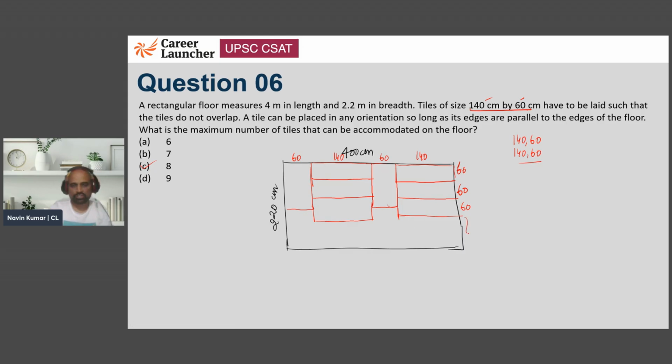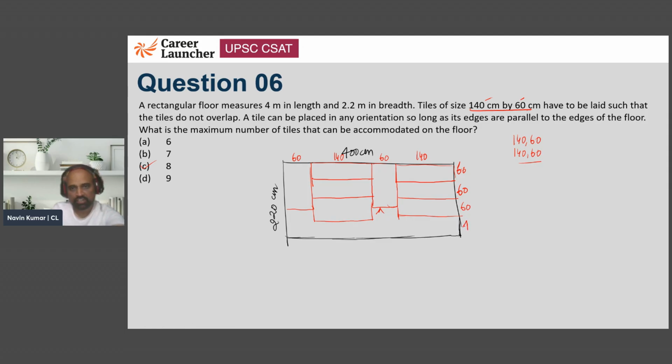So this is 180, so this is only 40 left. Well, this is the entire 400. This is 140. And this is 80 left. The 40, the width is not good enough.